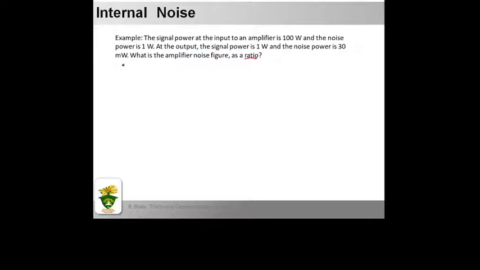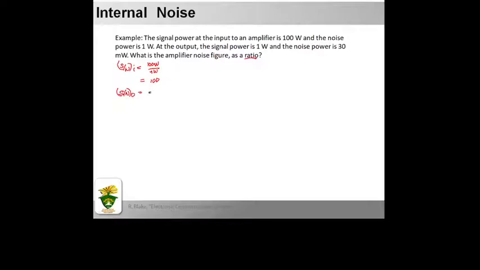So first determine the signal to noise at the input, which is equal to signal is 100 watts over the noise is 1 watt. So we have signal to noise at the input equal to 100. How about the signal to noise ratio at the output?